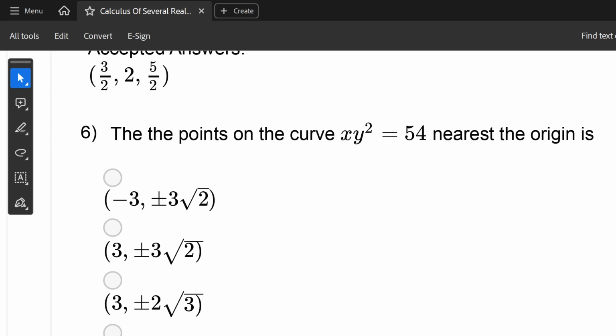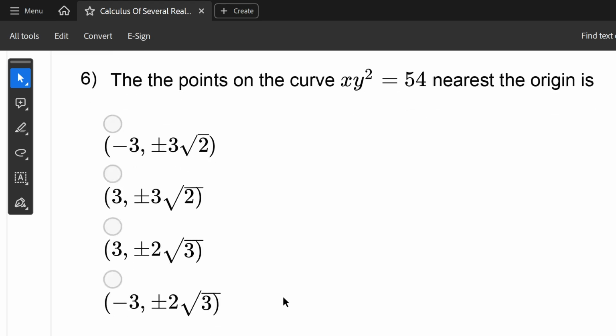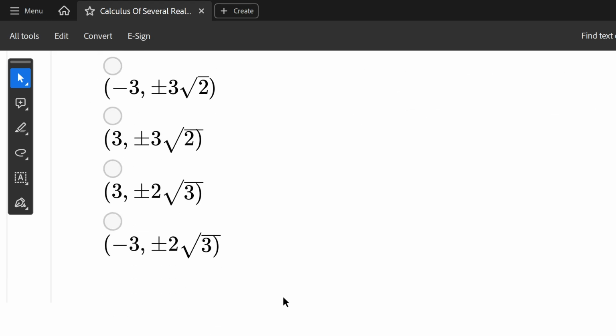So options A and D are already false. Options B and C have 3, but one is 3 root 2 and the other is 2 root 3. If you substitute, you will not get 54 for option C. So option B is the correct option. No need to solve this problem fully. Okay, so the option is B.